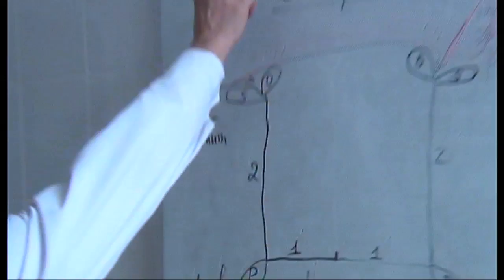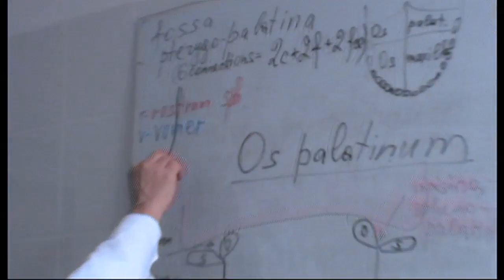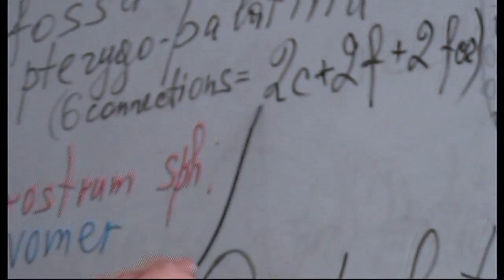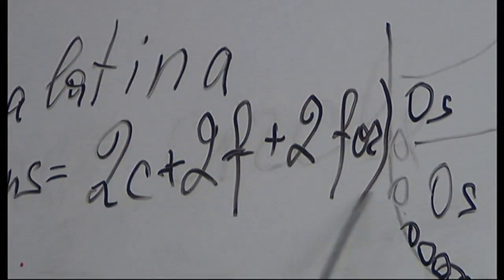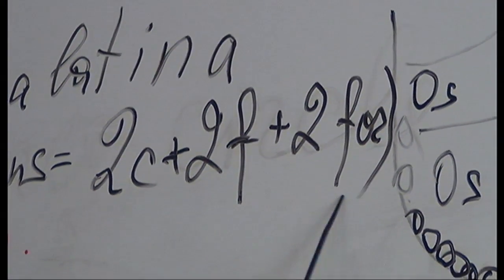And again, I'd like to demonstrate that it's written here. There are 6 connections of fossa pterygopalatina. 2 of them are canals, 2 of them are fissures, and 2 of them are foramina.